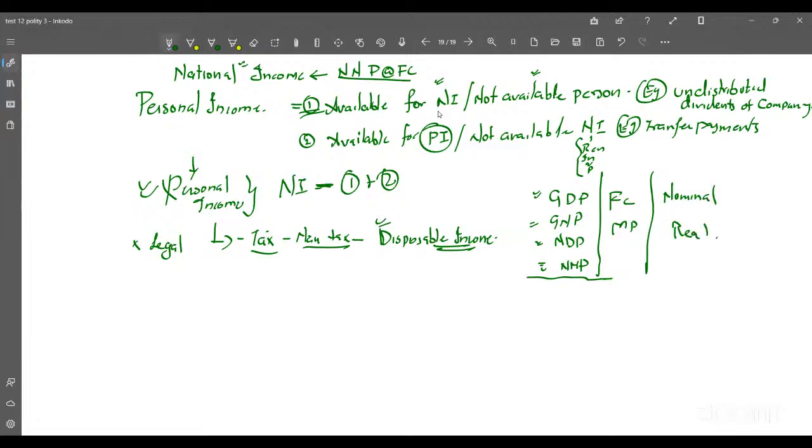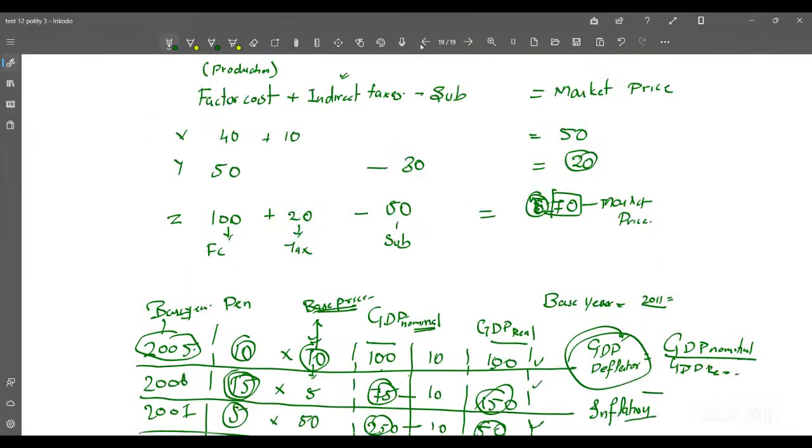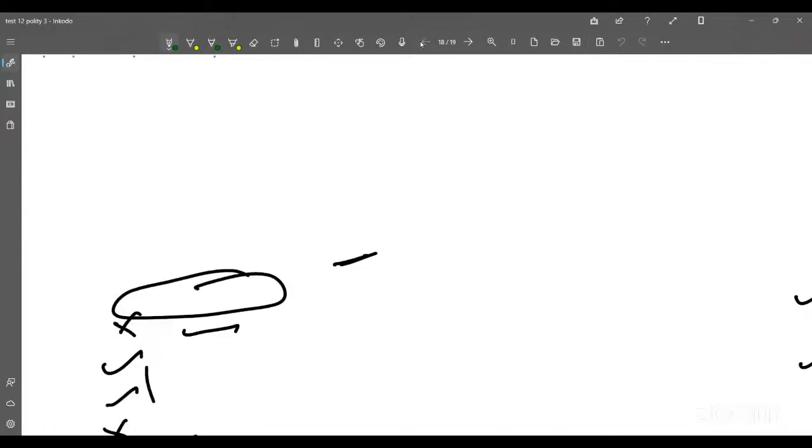And apart from this, we have calculated personal income as well as disposable income. We also spoke about the circular flow of economy. And going back to the circular flow of economy, now we'll have a better perspective.